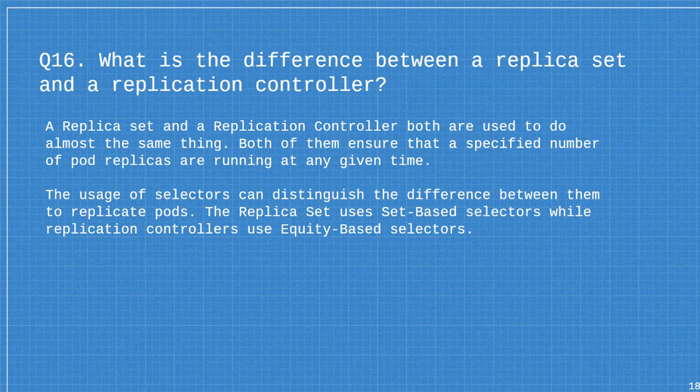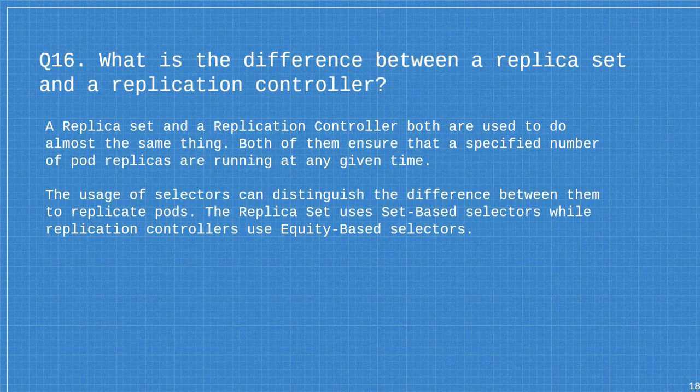So what do these terms really mean, equity-based and set-based? Replica set, what does it do? They both ensure a specific number of pods.